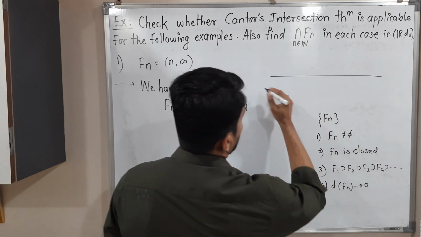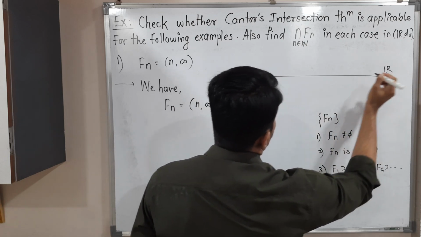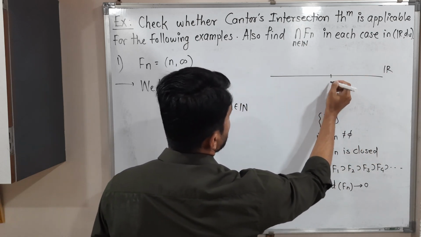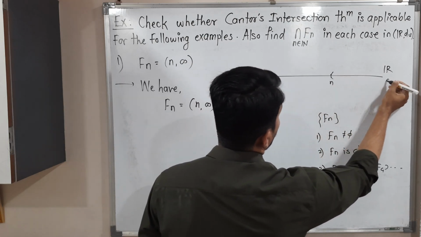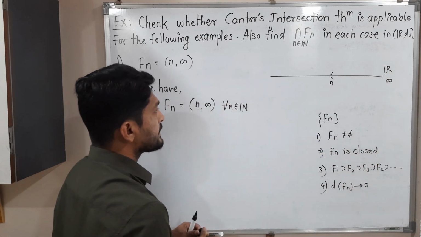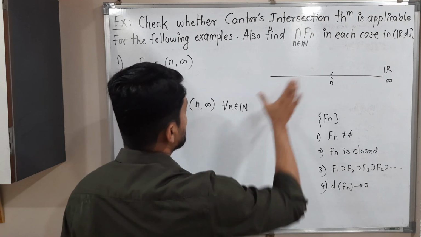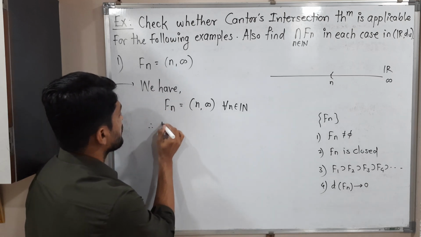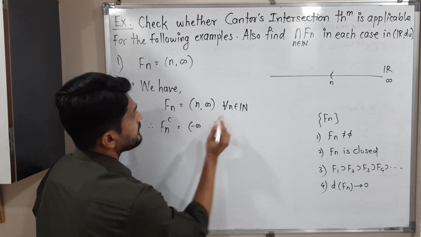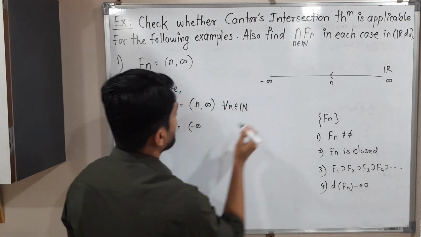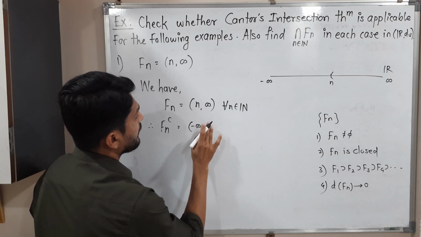Suppose this is R, the real line, and n is somewhere here, so our set is the open interval (n, infinity). Its complement will be this part. That means Fn complement is (minus infinity, n].